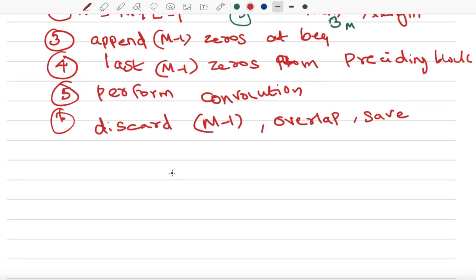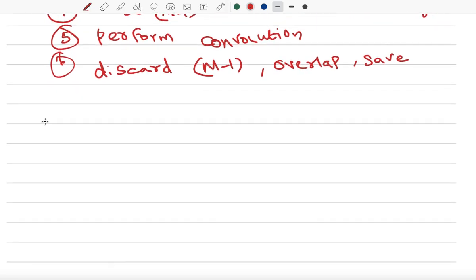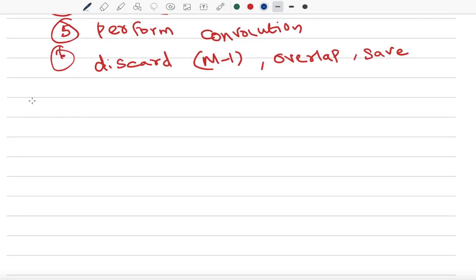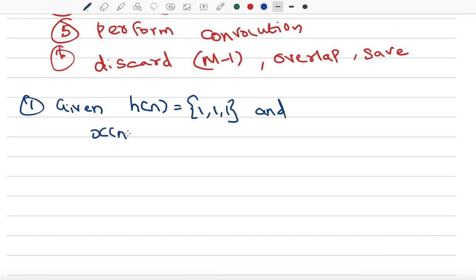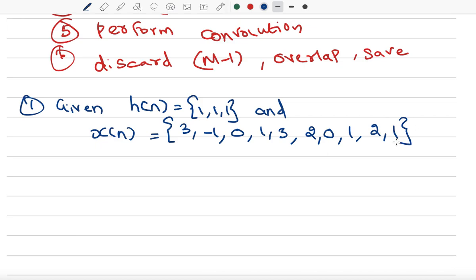Okay, so let's solve one problem. Given h of n equals 1, 1, 1 and x of n equals 3, minus 1, 0, 1, 3, 2, 0, 1, 2 and 1.